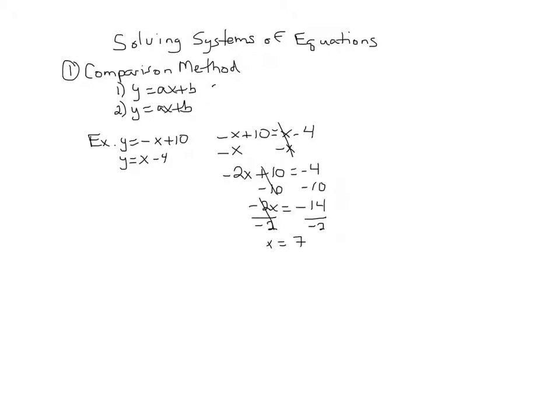I've found x, but that's only half the answer. What's the other half of the answer? Finding y. And how will I find y? By plugging in x into one of the rules. Which one, top one or bottom one? It doesn't matter. Which one do you want to use, Sean? Bottom one.